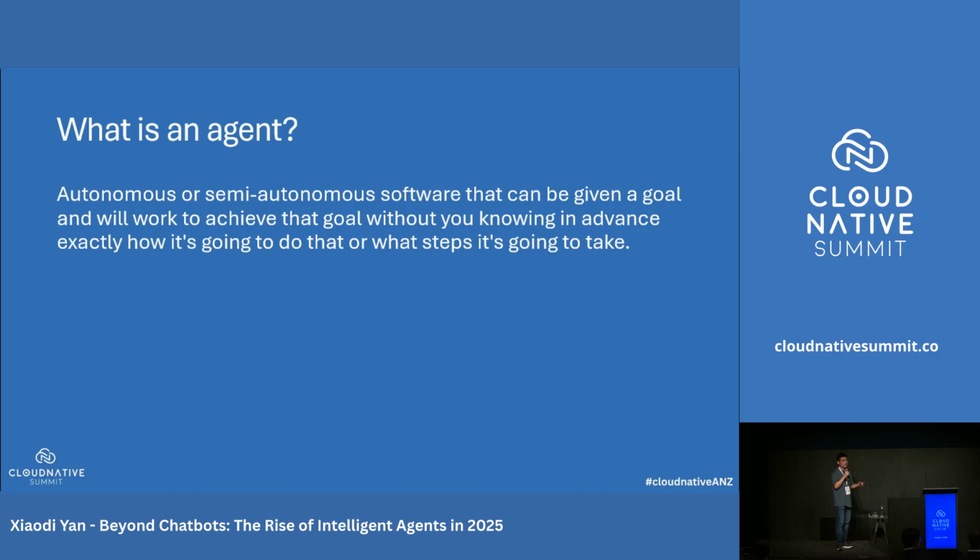Regarding agent, there are many different definitions now. There are lots of companies, they try to advertise their services or tools. So different definitions, but today I just share a definition based on my learning. So an agent is an AI system that can autonomously or semi-autonomously achieve a goal on behalf of the user.